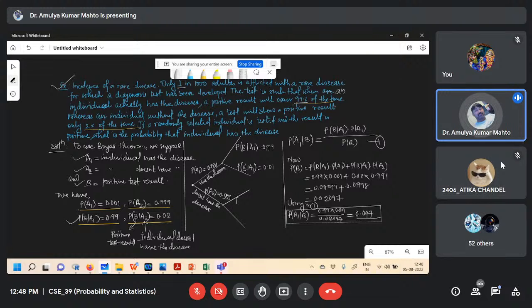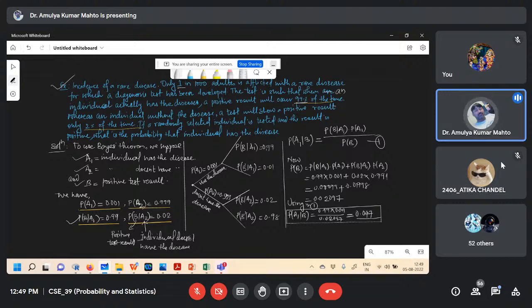And on this side, the probability that, given the individual does not have the disease, the result is positive, is again an error, 0.02. And the person does not have the disease and the result is negative, not positive, I'm calling it B dash, so this is 0.98.